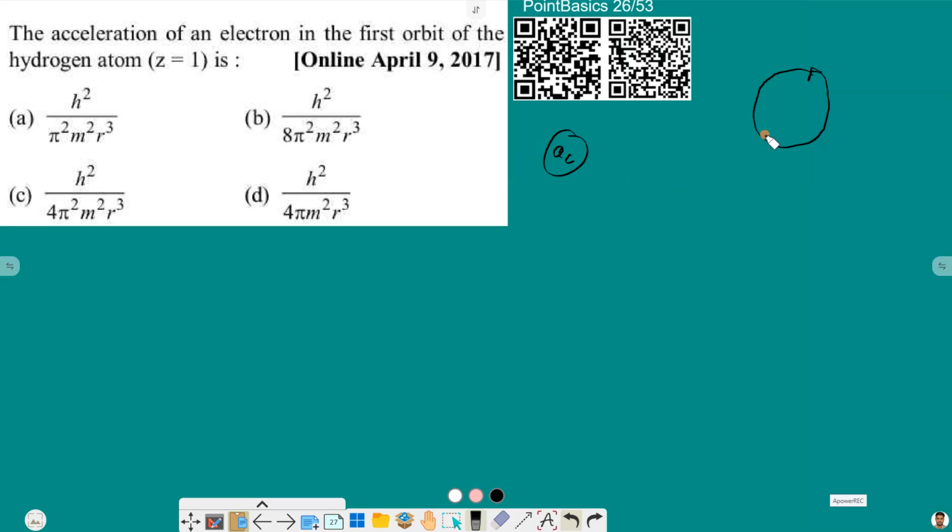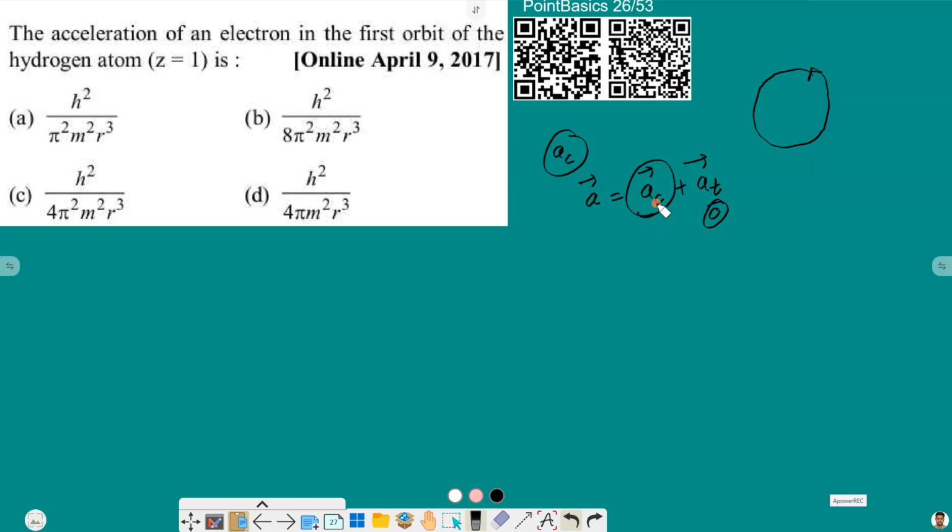Normally when a body revolves in a circle, it has two accelerations, and its net acceleration is the sum of centripetal acceleration plus tangential acceleration in vector form. And we are assuming here that it is moving with constant velocity, so tangential acceleration is going to be 0 here, only centripetal acceleration will be there.